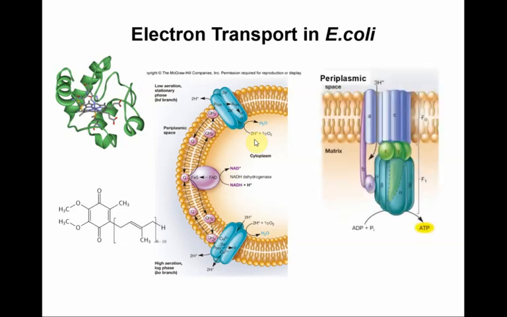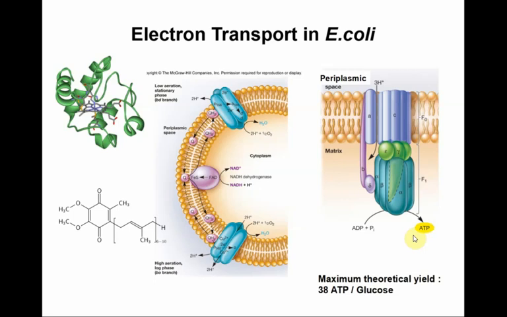Okay, so the end result here is that through this electron transport mechanism, bacteria generate a proton motive force, a higher concentration of protons in the periplasmic phase, and this can be used to generate ATP through a proton ATPase. So these protons come from the periplasm to the cytoplasm, and this is what powers the generation of ATP.